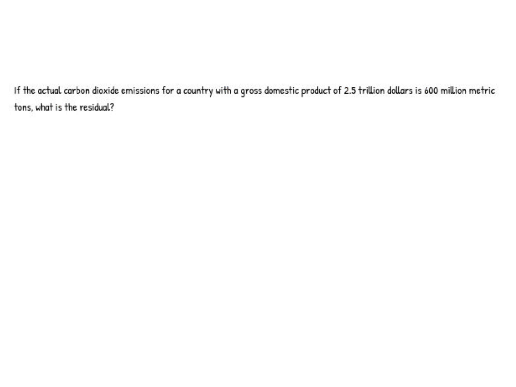If the actual carbon dioxide emissions for a country with a gross domestic product of $2.5 trillion is 600 million metric tons, what is the residual? So residual is our actual minus our predicted.